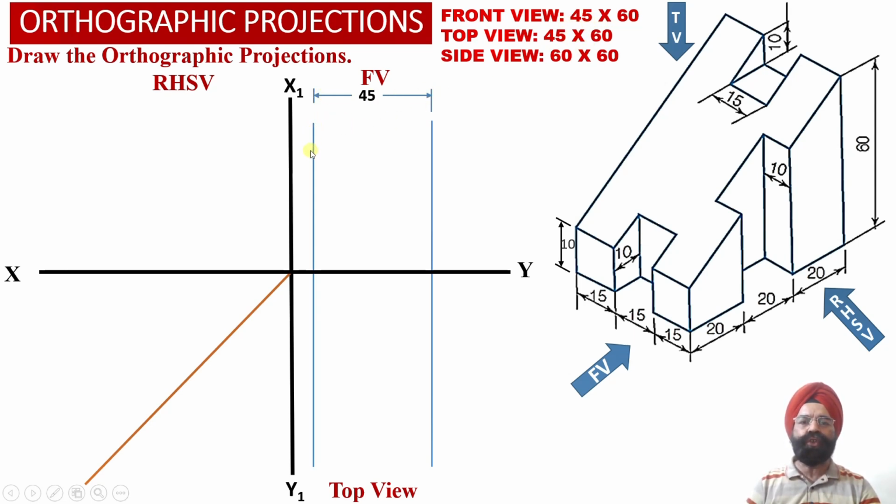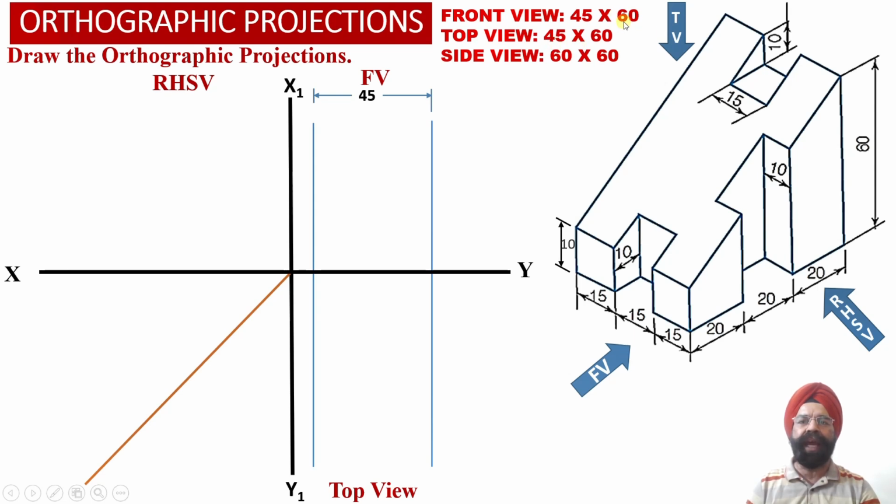And we have appropriately extended these two vertical projector lines into the top view orthographic projections, because in the top view as well we are going to require the width of the solid equal to 45 millimeter.